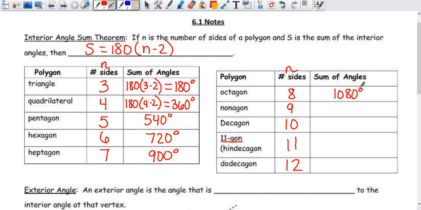Now, you plug it in just the same as we've been doing, by the way, right here. I'm just not writing it out each time, okay? And then a nonagon is 1,260 degrees. All right, for a decagon, we have 1,440 degrees. For a hendecagon, we have 1,620 degrees. And then for a dodecagon, we have 1,800 degrees.